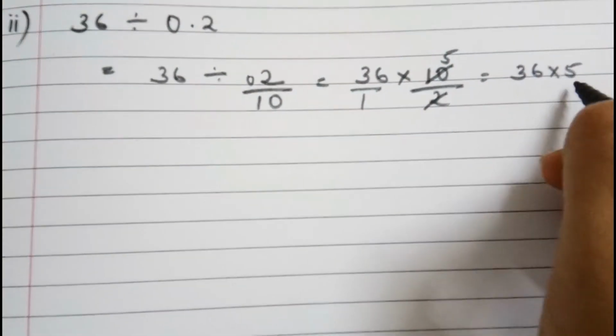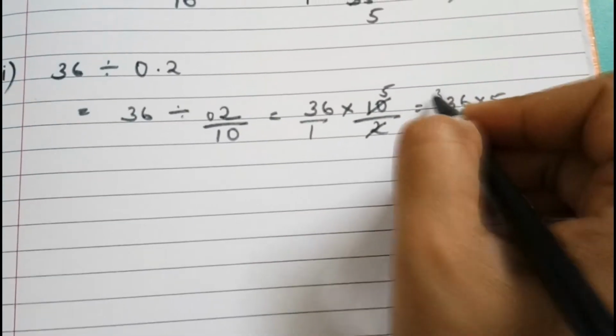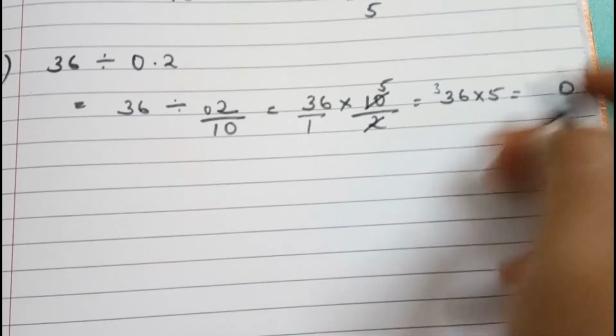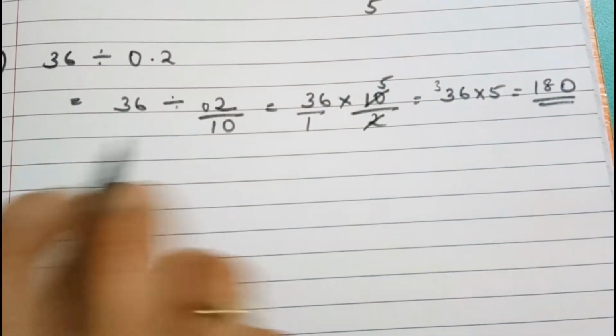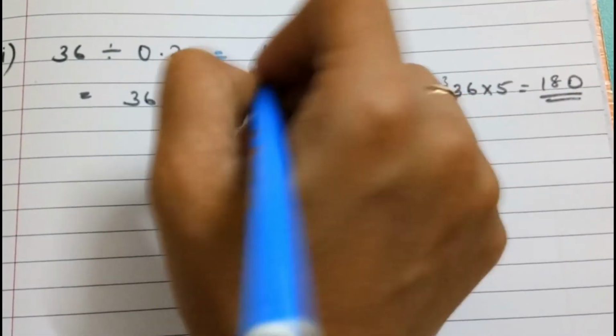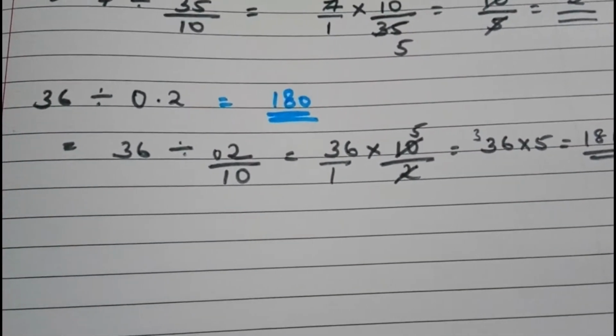Let's calculate. 6 fives are 30, carry 3. 5 threes are 15, and 15 plus 3 is 18. That is 180. Clear? So the answer for the second question is 180. Hope it's understood.